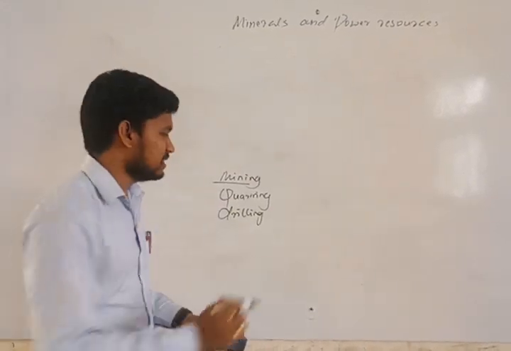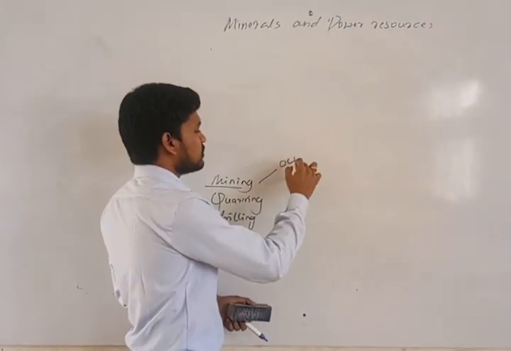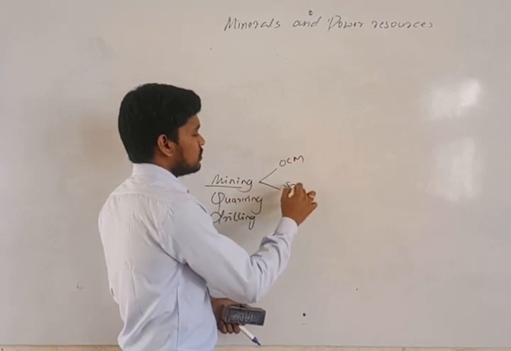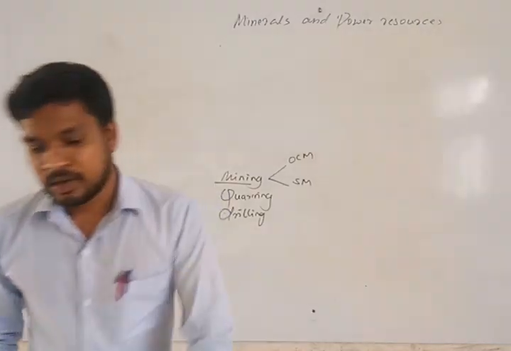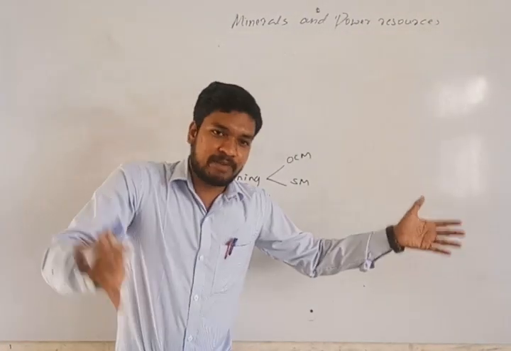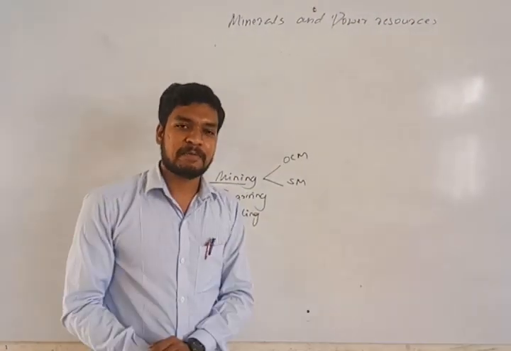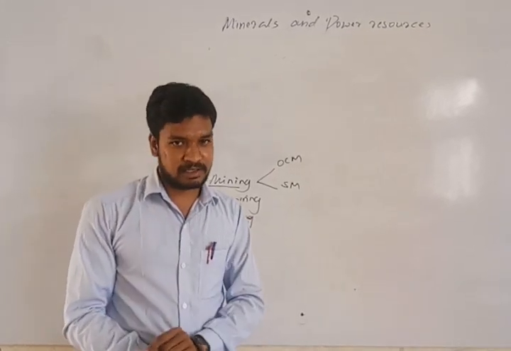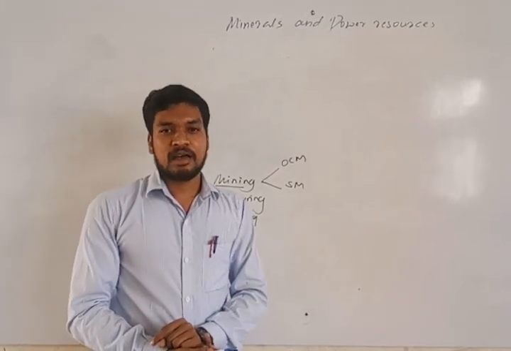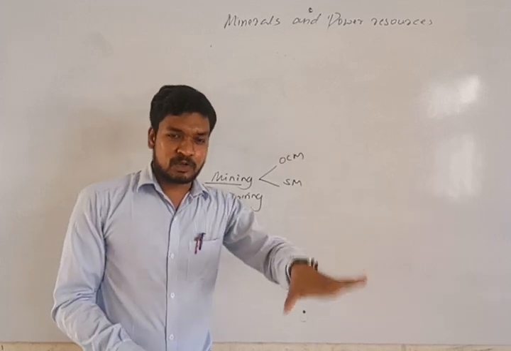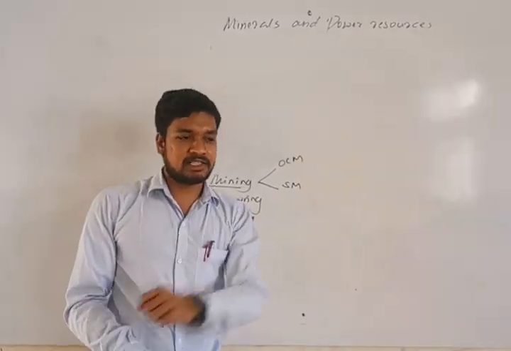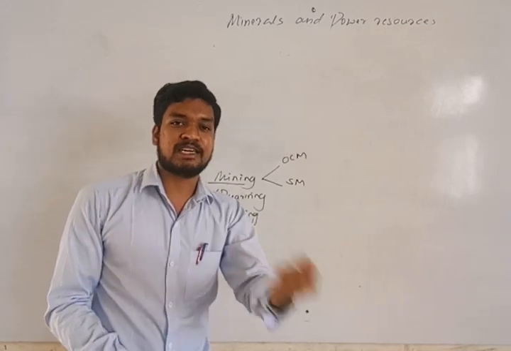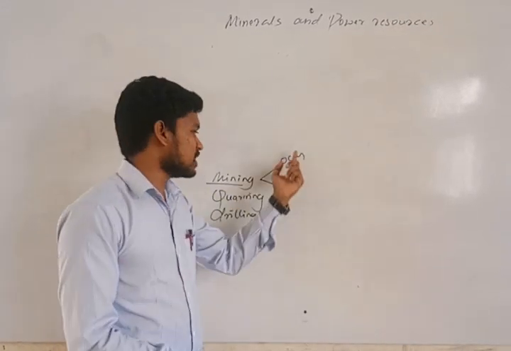We have two types further in this. One is open cast mining, another one shaft mining. In open cast mining, in some places in the shallow area, there is a deposition of minerals. There, they remove the surface of that shallow area, and they extract the minerals. That's open cast mining.